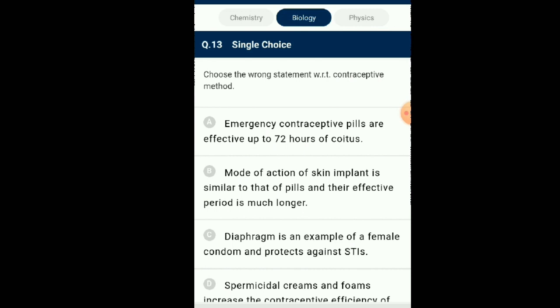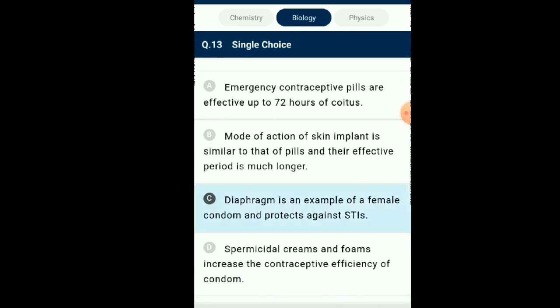It provides little protection against sexually transmitted diseases and cervical cancer. So the answer for this question is option C. Diaphragm is stated to be an example of a female condom that protects against STIs, so that is the wrong statement.